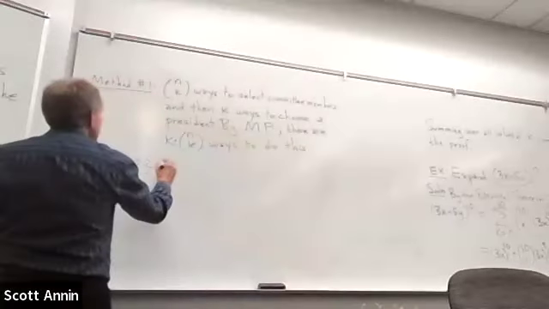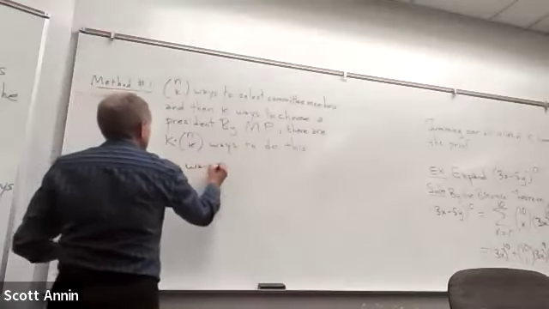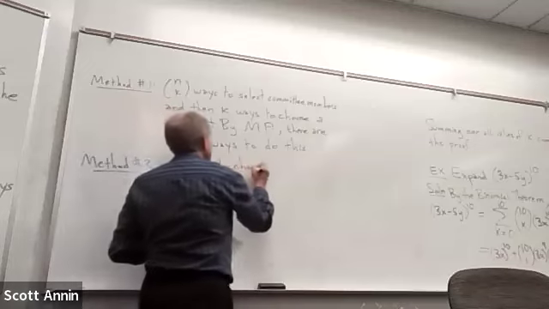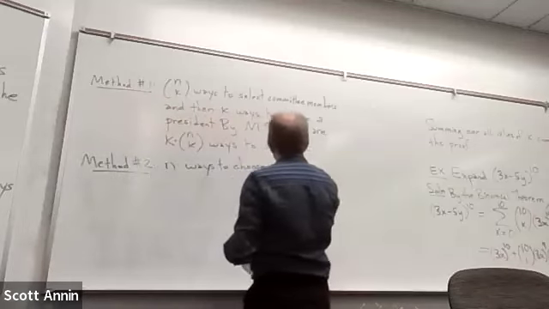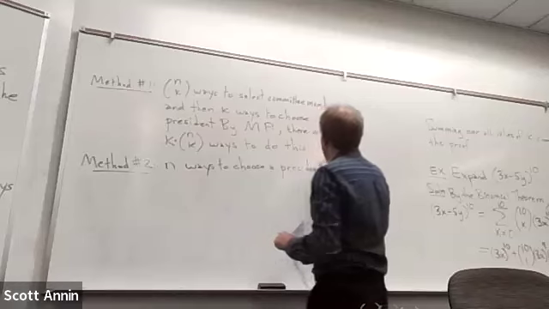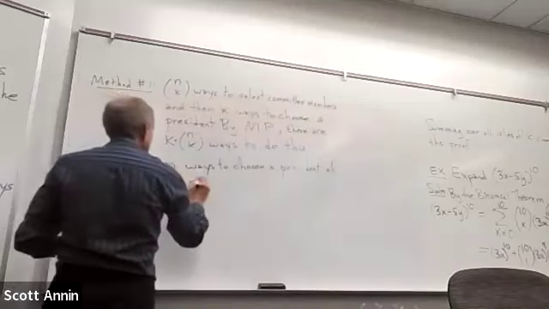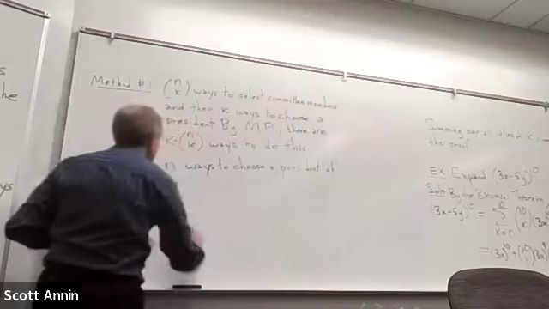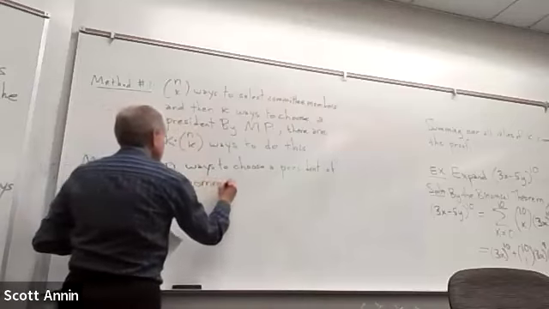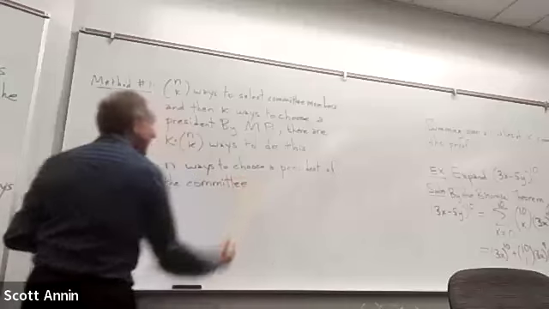So let's just write that down. There are n ways to choose a president of the committee. And that president is one of the members of the committee. N ways to choose a president of the committee.